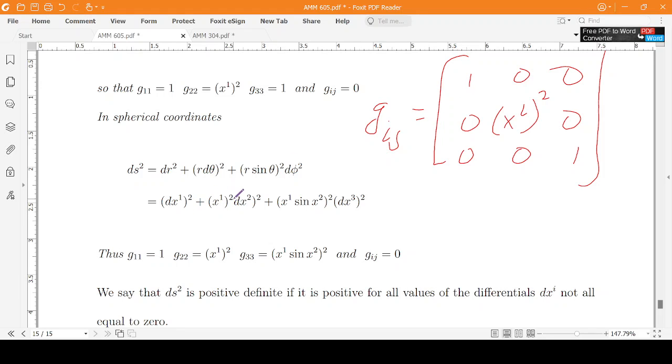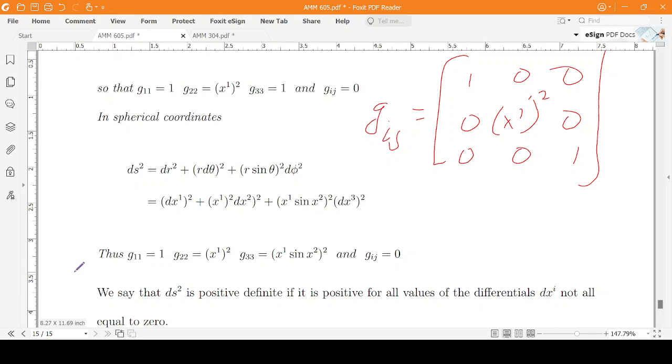The next one is x1 squared, just like we have here. And the last one here is x1 squared sine of x2 squared. This is x1, not xi. This was supposed to be 1. This is 1, not i. This is x1 squared.